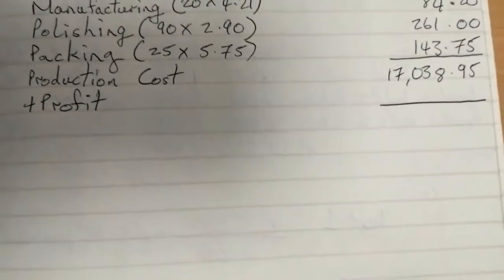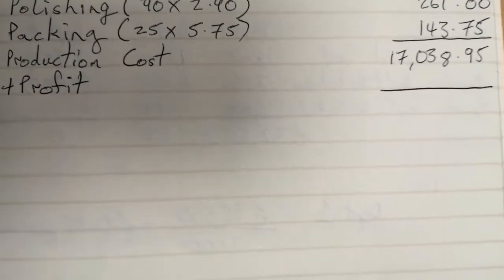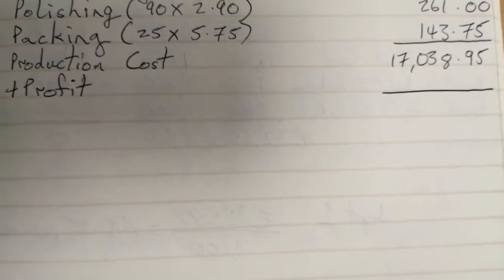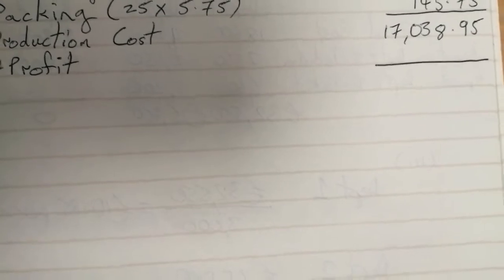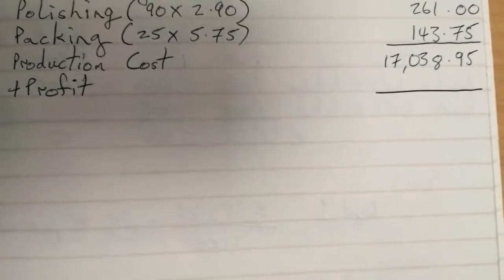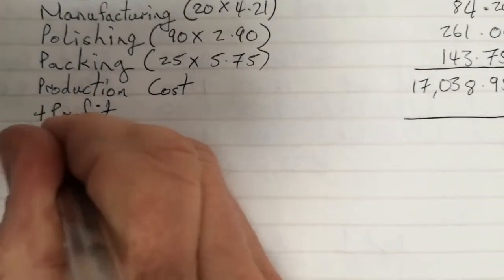So for instance, if something costs you 100 euros to make, you want to make a profit of 20 euros, then you say 100 plus 20 is 120. That's going to be what I charge for it. That's my selling price for this product, isn't it? So if you add the profit onto the cost, you get the selling price.